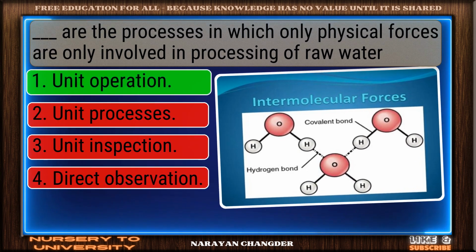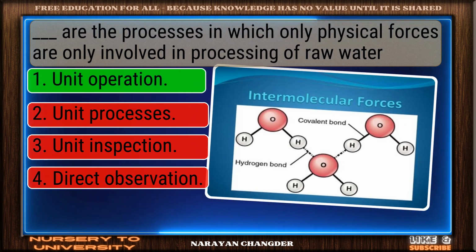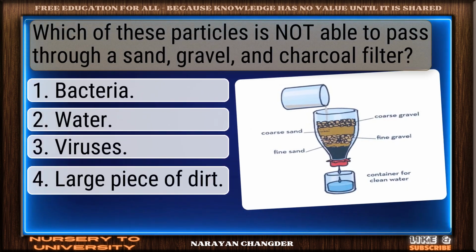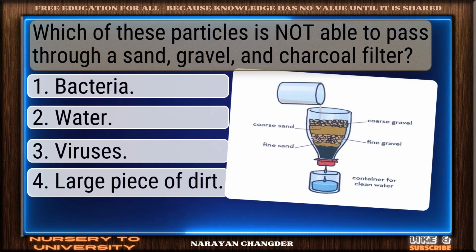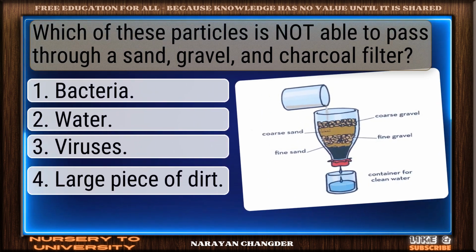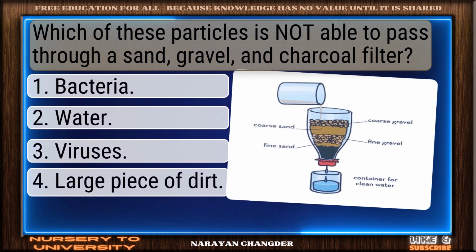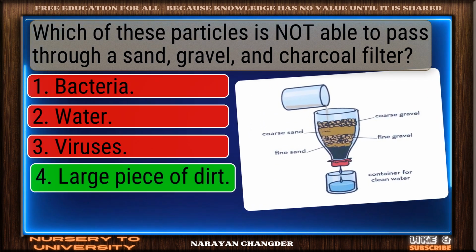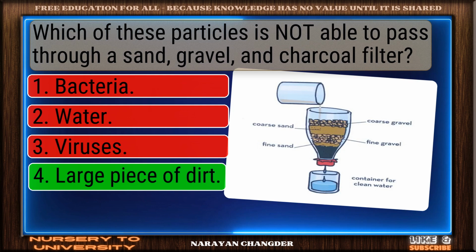Exactly. Unit operation makes sense, and it is the right choice. Which of these particles is not able to pass through a sand, gravel, and charcoal filter? Correct. Large piece of dirt is the right answer.